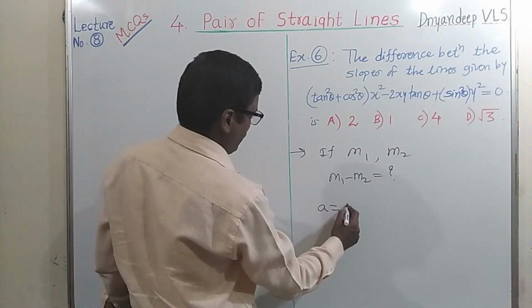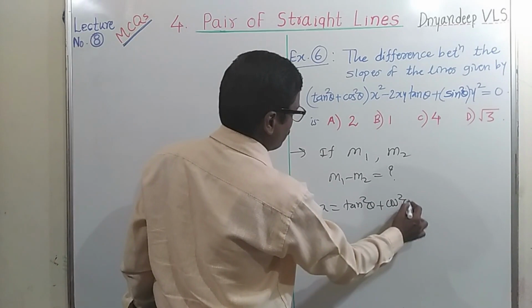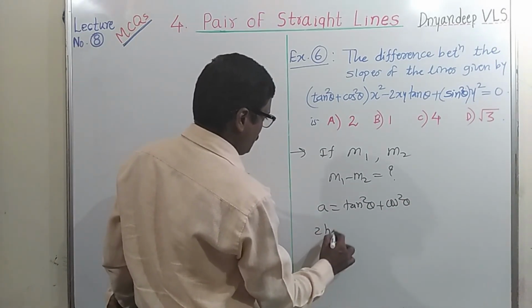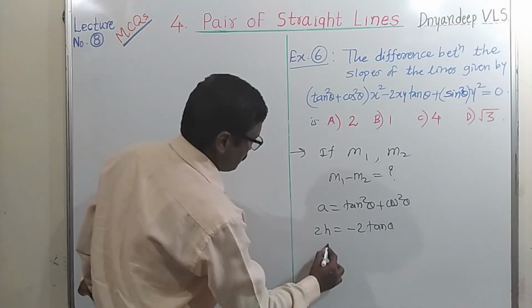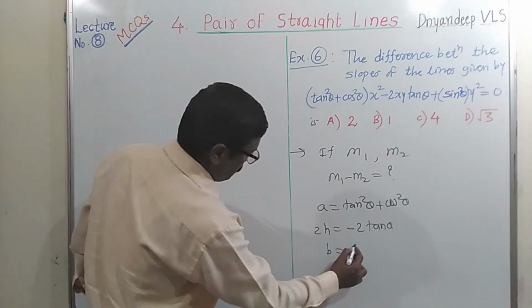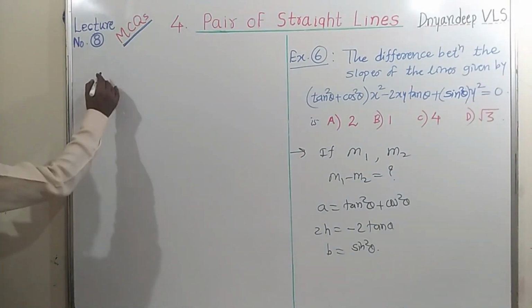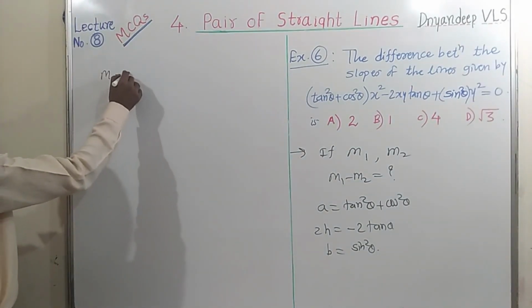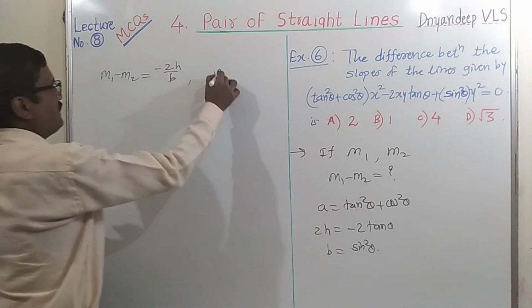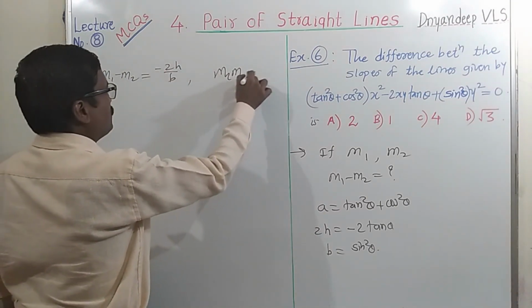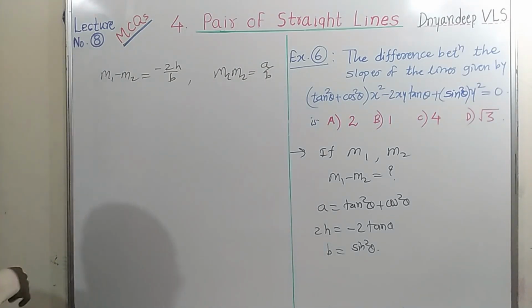is equal to tan^2 theta plus cos^2 theta. 2h equal to minus 2 tan theta. And last b is equal to sin^2 theta. Okay. m1 minus m2 is equal to minus 2h/b, and m1 m2 is equal to a/b.